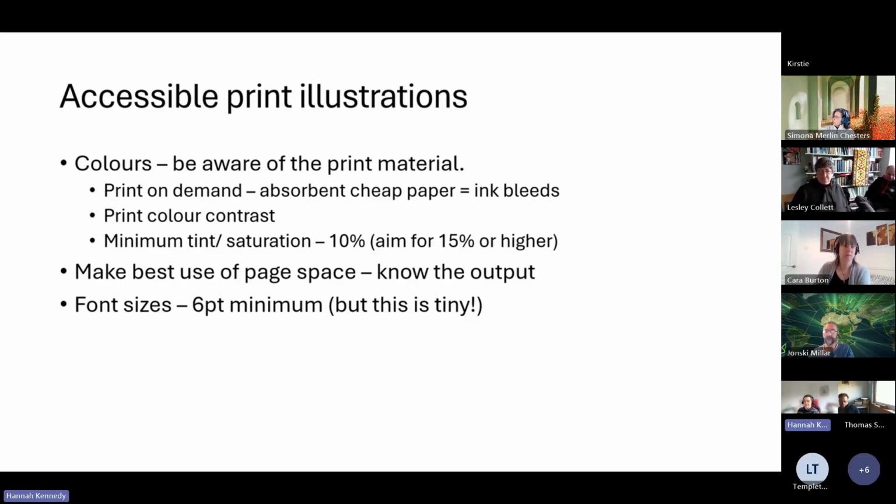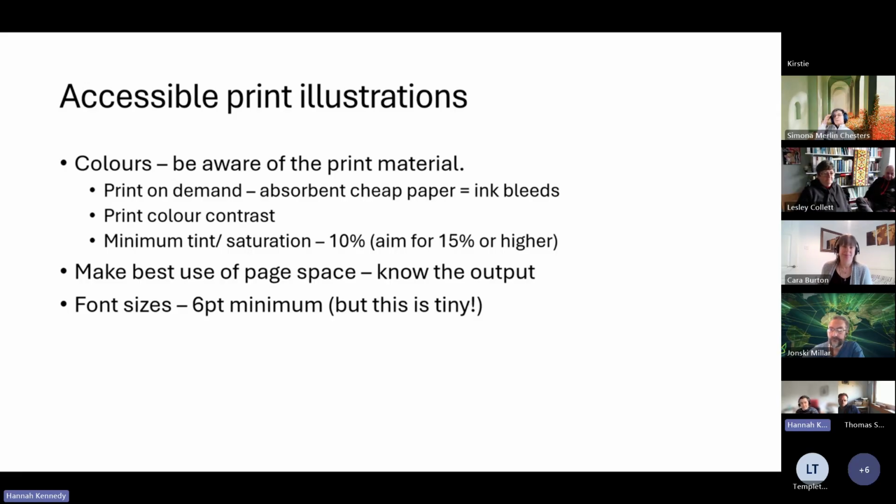And when I talk percentage of ink, I'm sure you're all aware that there are the 4 colors of print, CMYK, and your combined value of saturation, so how much ink from each color, should not ever be below 10%, because it's likely to not be visible on the page. Even higher is a bit better. I tend to not go ever below 15% if I can avoid it, just to ensure that you've got that ability to distinguish what it is you're trying to shade.